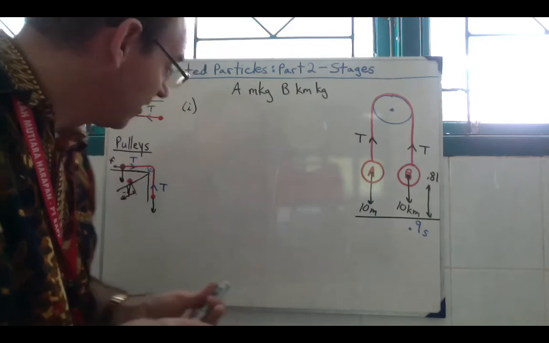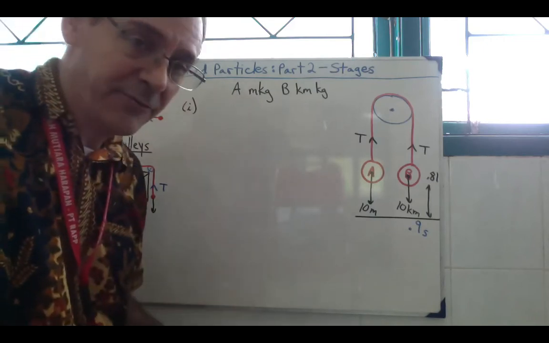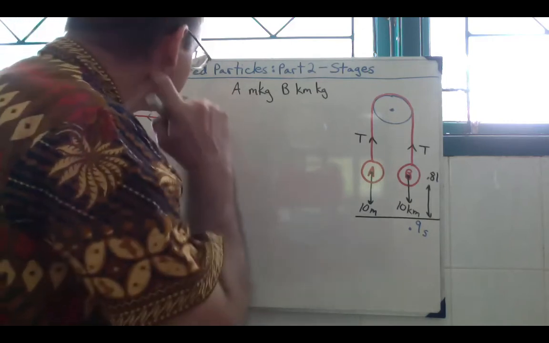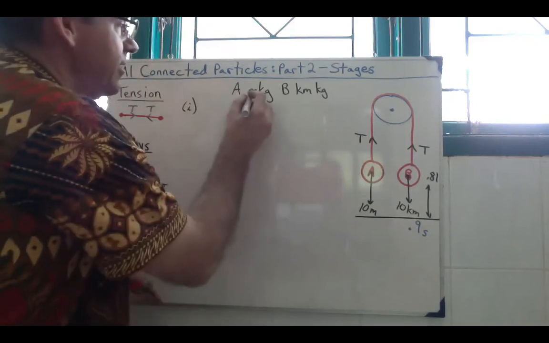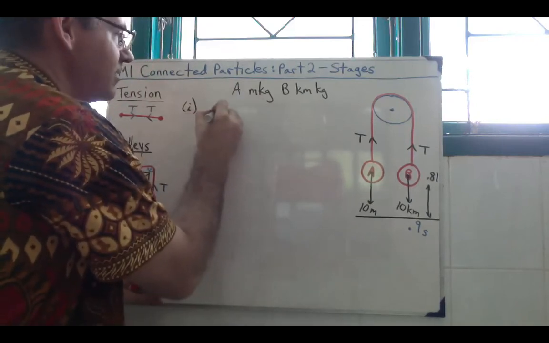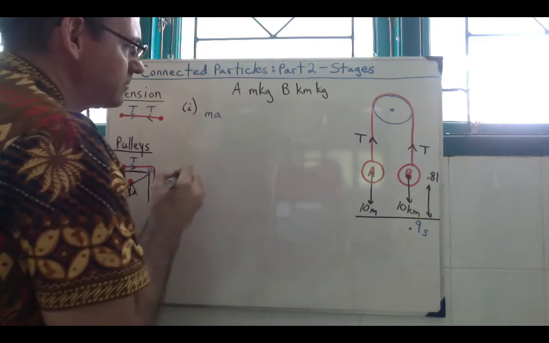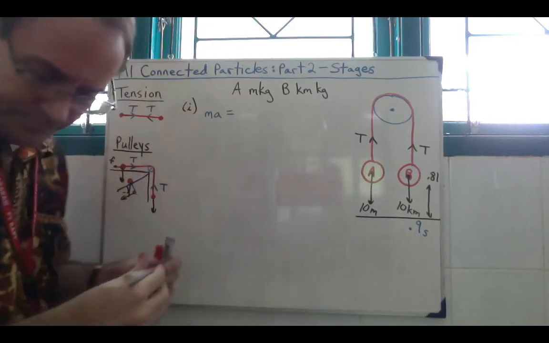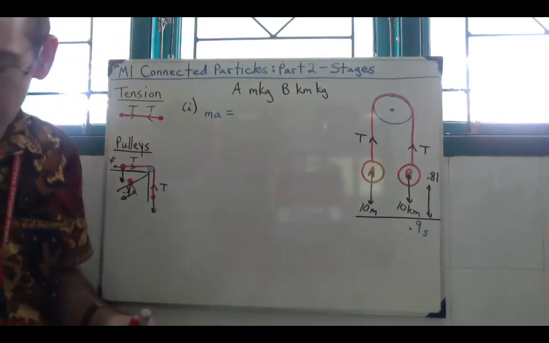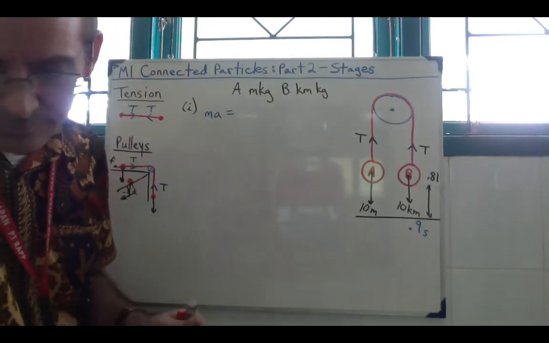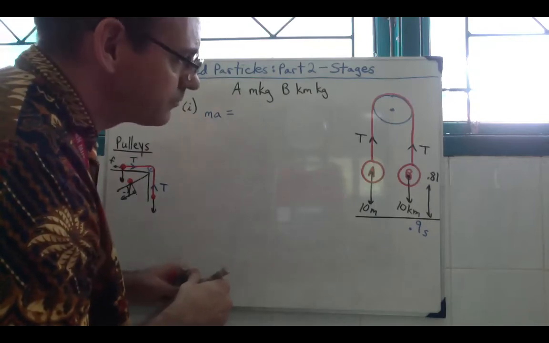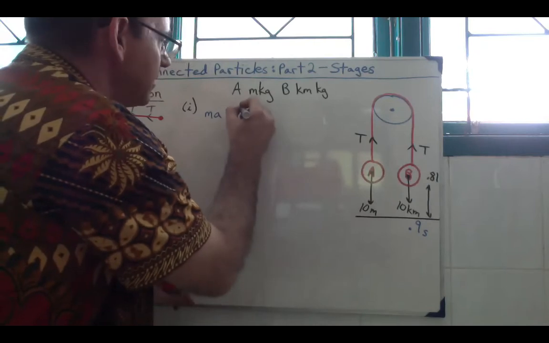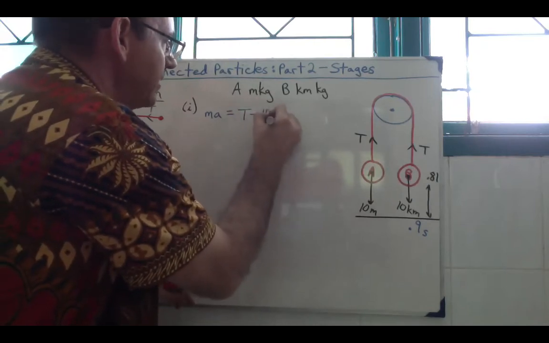So let's start with setting up our net forces and Newton's second law. So mass times acceleration. So here is m times a is equal to T minus 10 m.